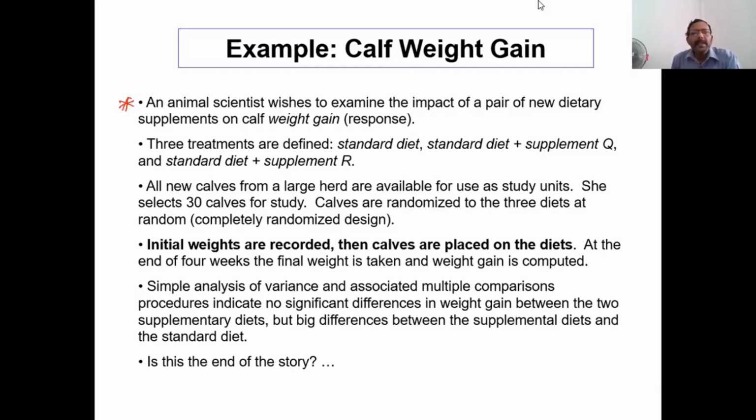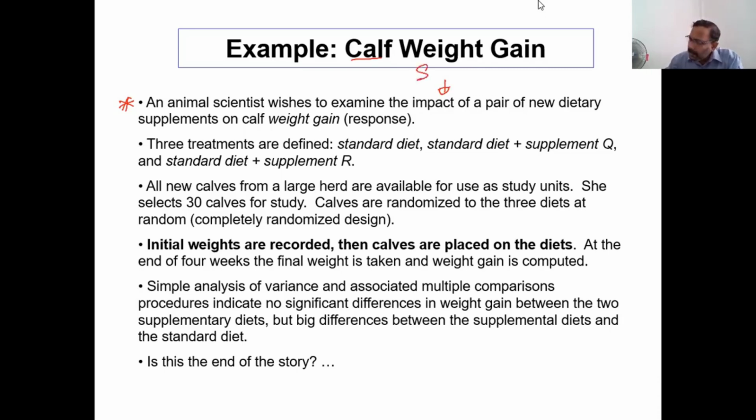An animal scientist wishes to examine the impact of a pair of new dietary supplements on calf weight gain response. So normally in this particular farm, they are usually giving a particular diet.